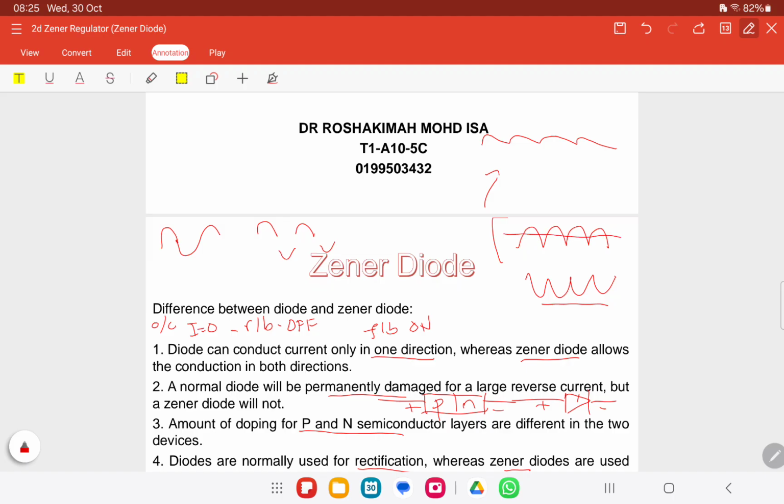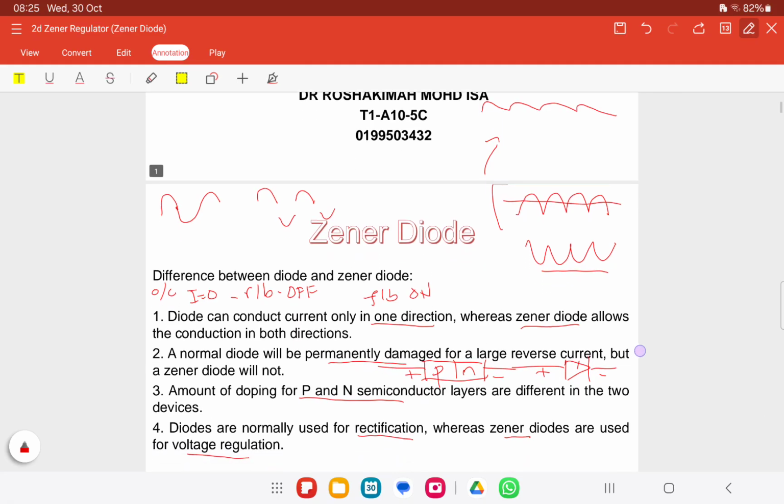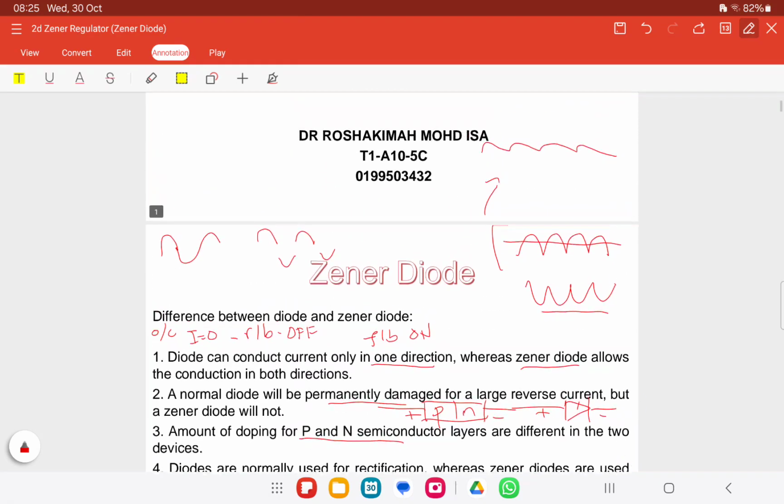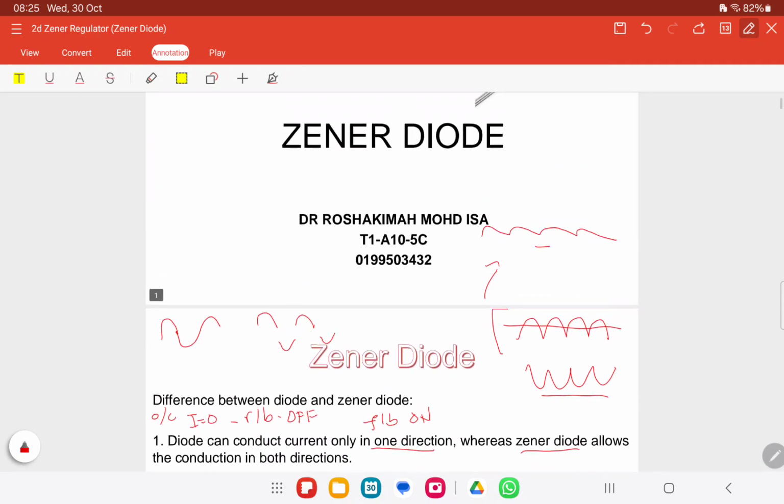That one is the filter. We filter at a certain value of the amplitude. And then for the voltage regulator, from this we want a straight line of DC signal, a smooth DC signal at the output.